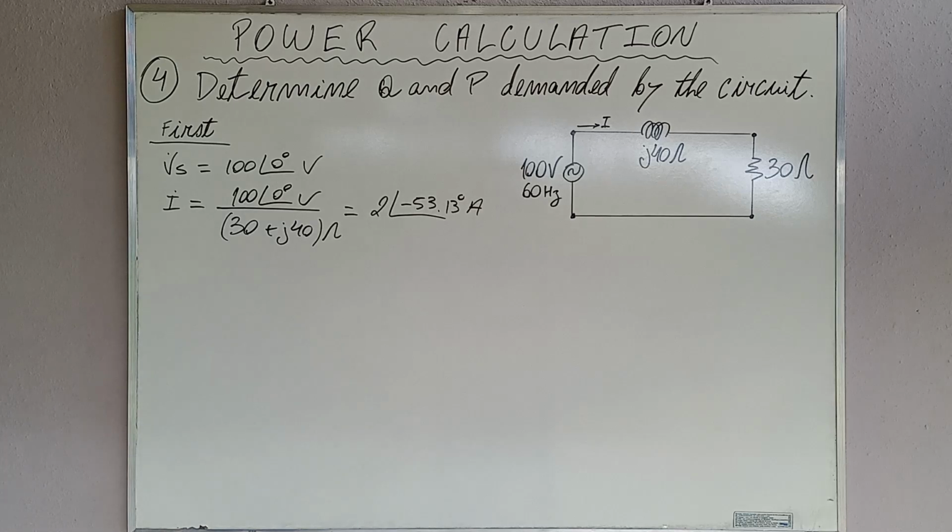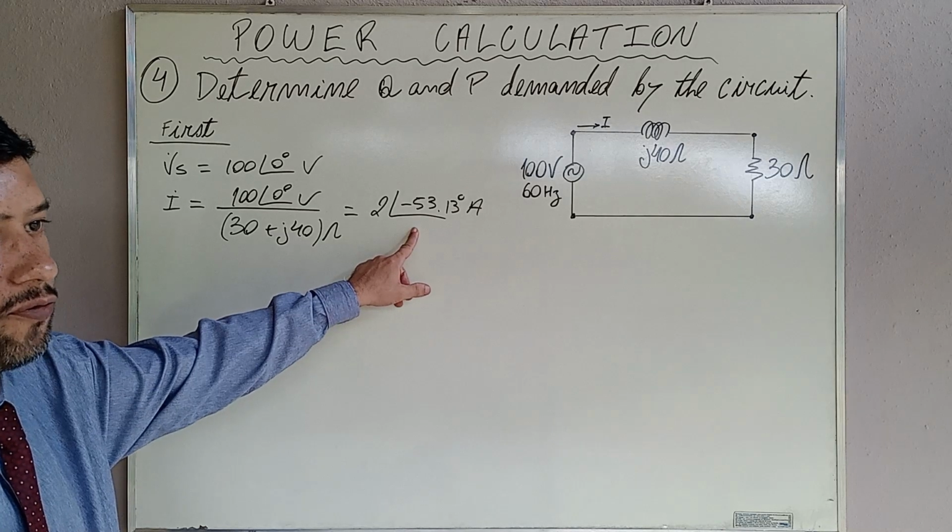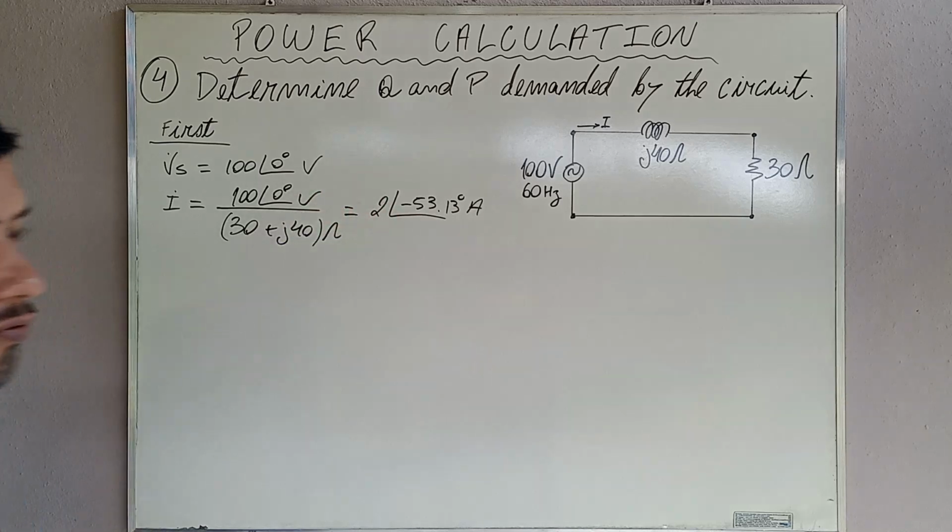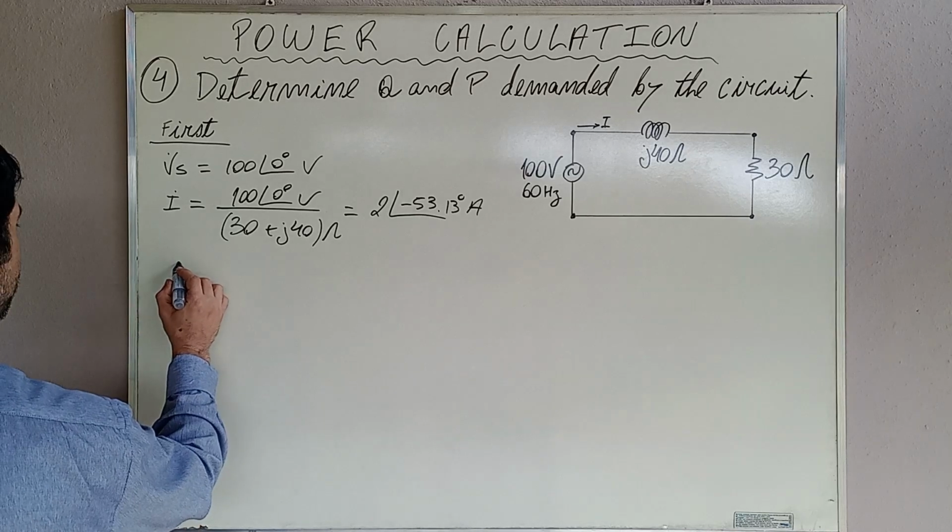With the voltage and the current, we can calculate the complex power. Observe that these are phasors. This is the current phasor and this is the voltage phasor.